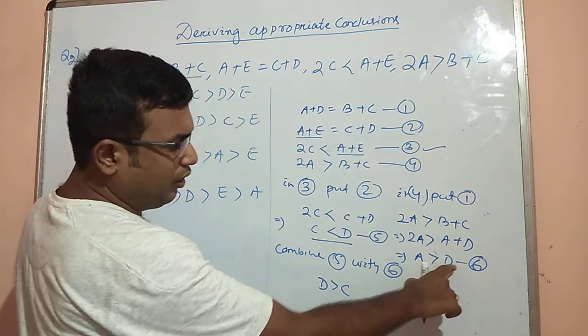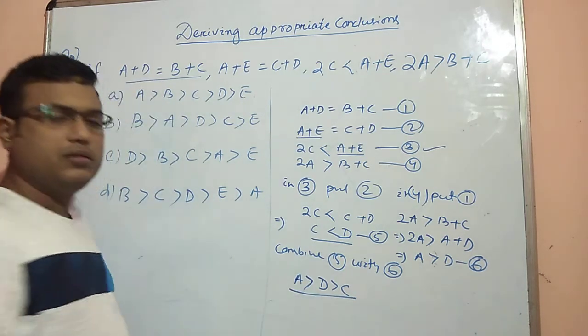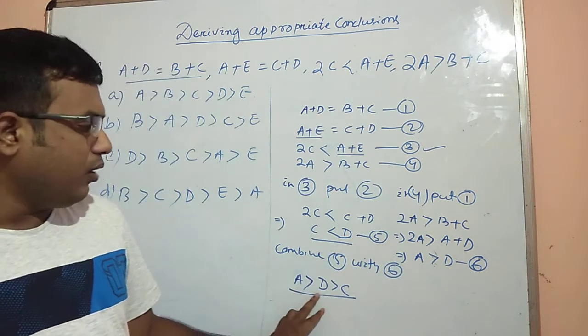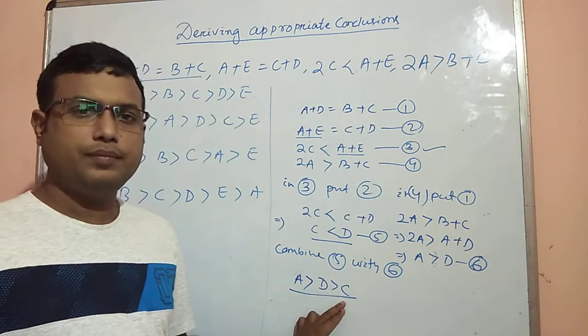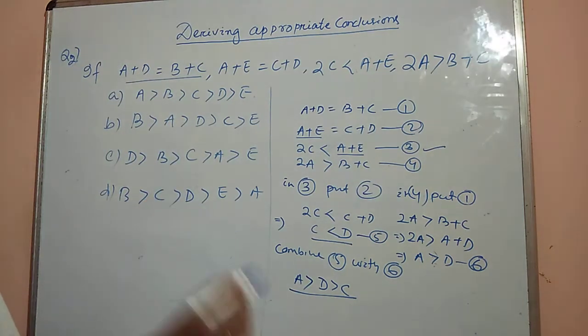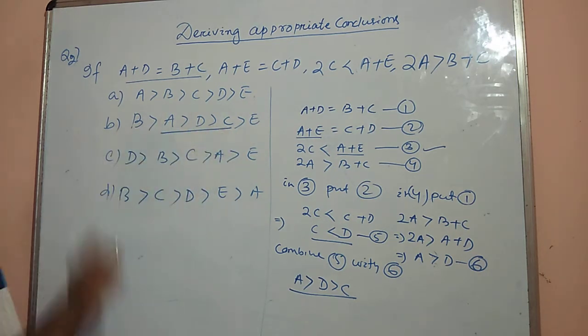A is greater than d. That means a is here. A is greater than d. Okay, so combining 5 and 6 we find a greater than d greater than c, right? You now check from the options which is the proper order. The order is visible here. A greater than D greater than C.